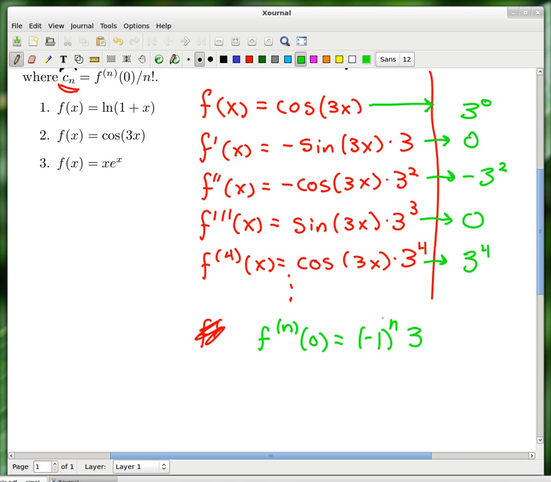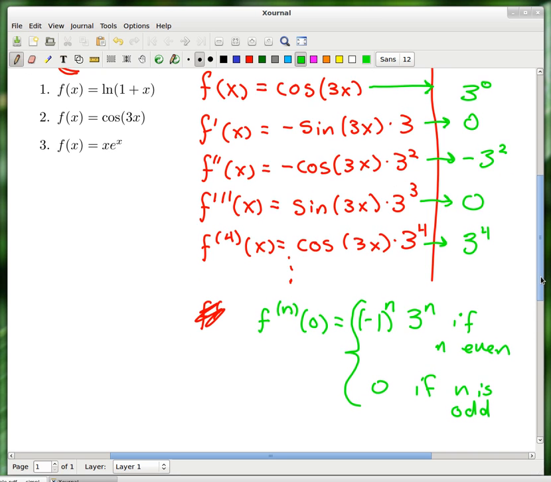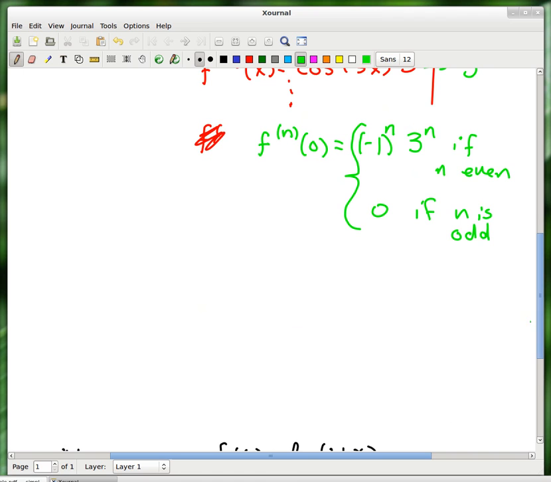How about I make this 2 times n, because that'll, no, shucks. So just so I can write down something quickly, I will write it like this. So this is negative 1 to the n times 3 to the n if n is even, and it's just 0 if n is odd. Right? Okay, so now we just have to think of a smart way to say that.